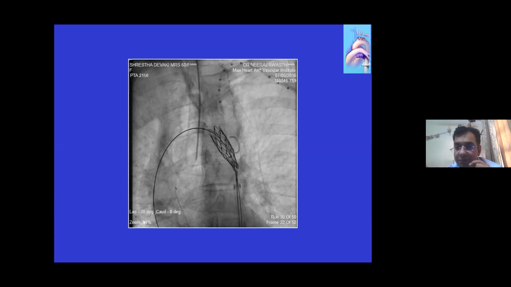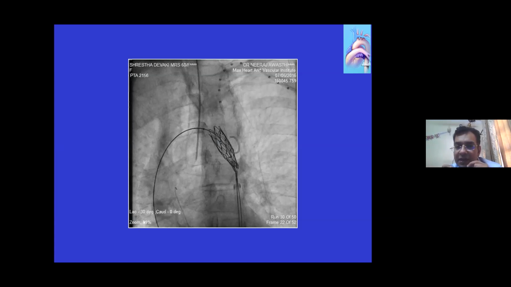The available options include Dr. Cannon's publication, in which they snared the whole assembly and then reintubated it. The problem with the snare is that we need a bigger access, and also, I feel the snare could distort the stent itself.